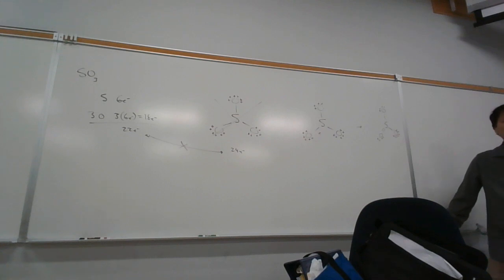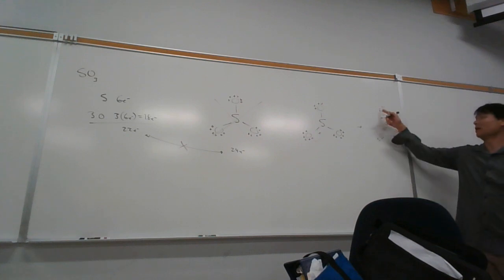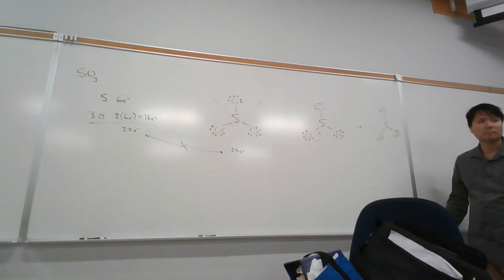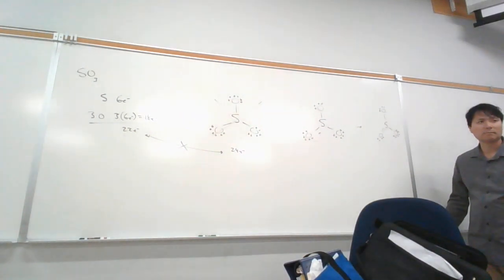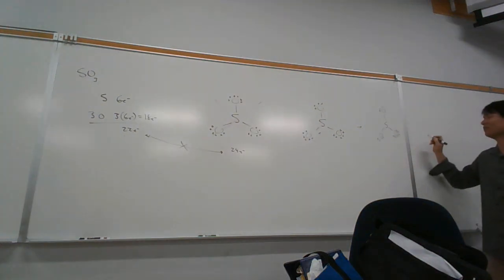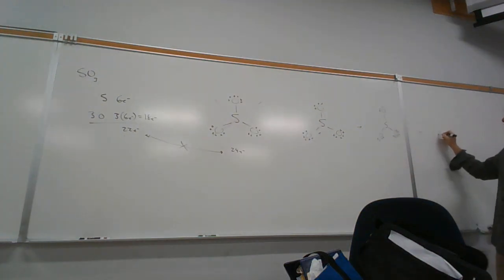What did you do? Double bond on the top oxygen. Double bond on the top oxygen? And which electrons did you use to make a double bond on the top oxygen? These electrons here? Yeah. No. So you end up with this.